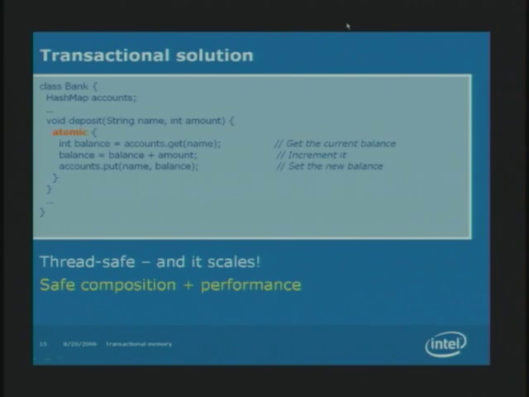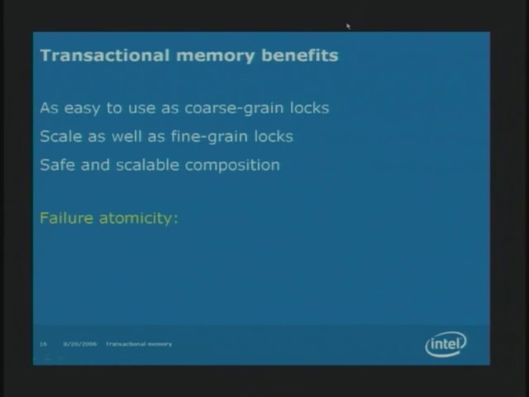So we composed things together, wrote a bigger data structure, but we got scalability. So transactions are as easy as coarse-grained locks. They scale as well as fine-grained locks, but they also give you this safe and scalable composition of separately authored data structures. But they give you another benefit too, which is failure atomicity.